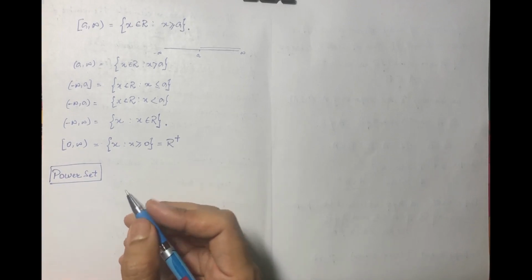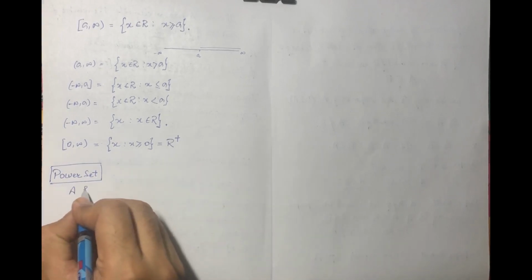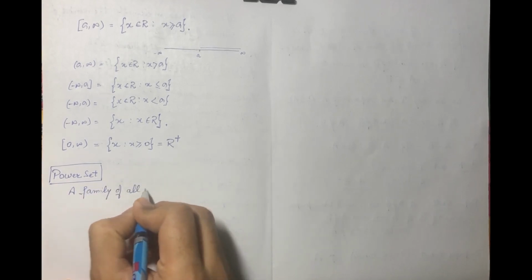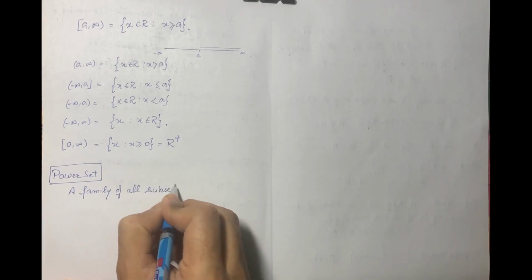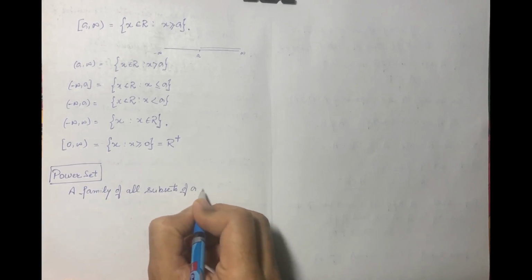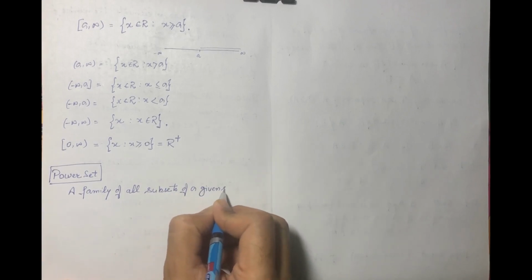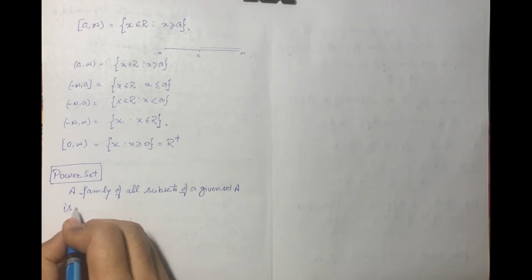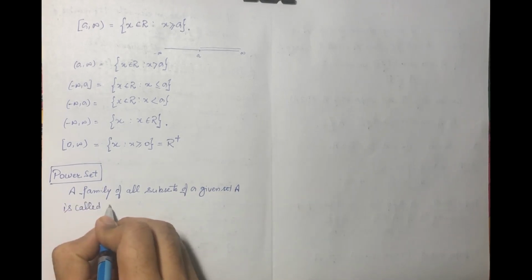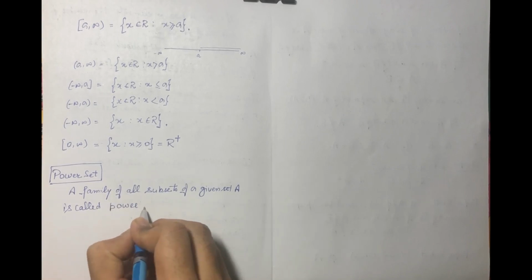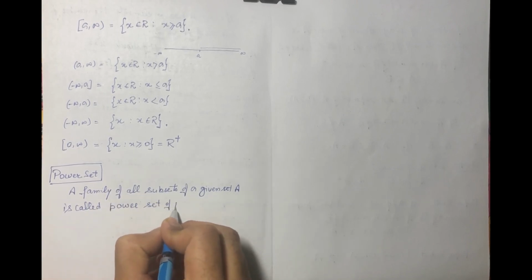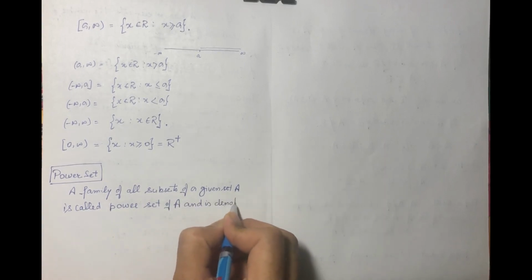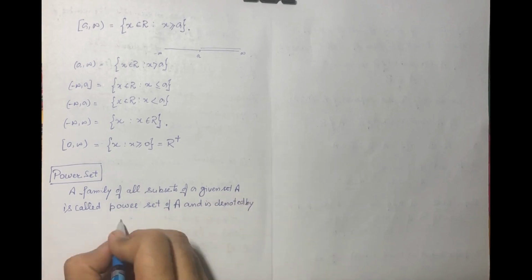So power set is a family of all subsets of a given set A is called power set of A and is denoted by P(A).